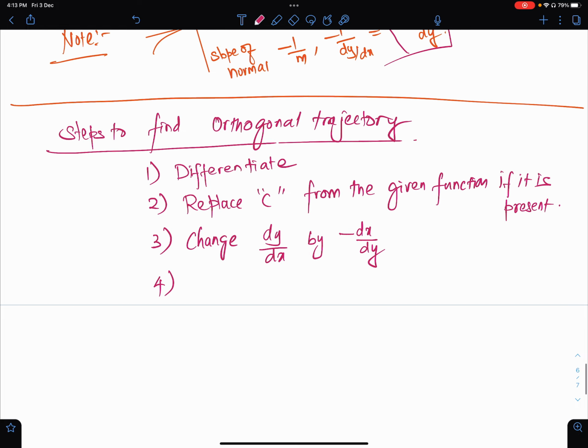So that is what I have written here. Then separate the variables and integrate.